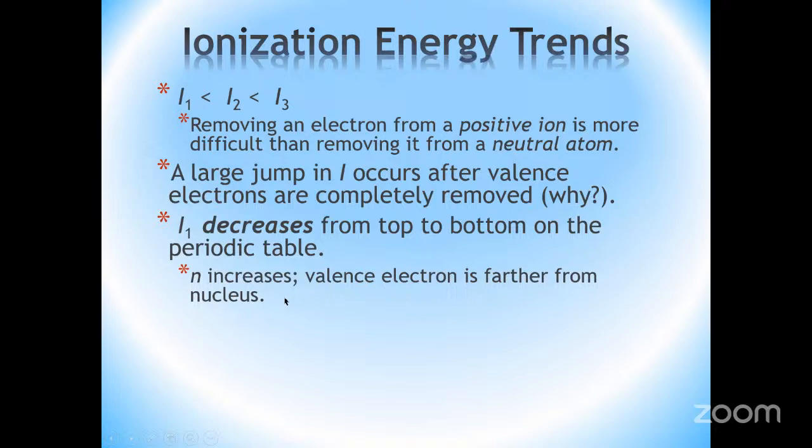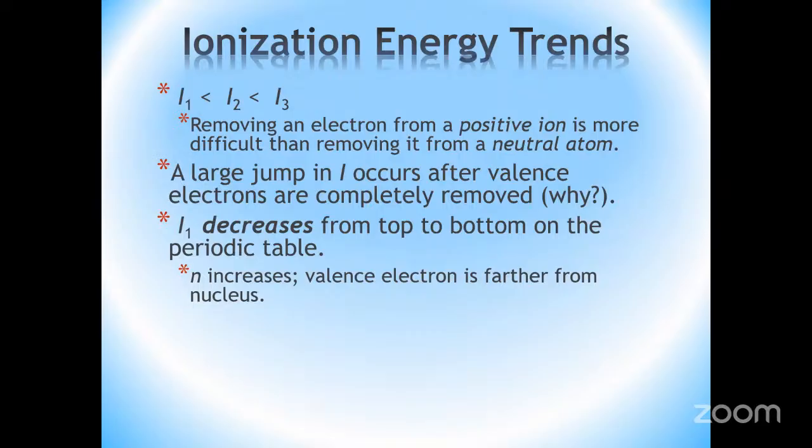So let's talk about certain trends that you'll observe when it comes to ionization energy. The first one is that the ionization energy decreases as you go from top to bottom of any group in the periodic table. Now, why is that occurring? Well, as you go down any group, the average distance of the valence electrons from the nucleus increases.